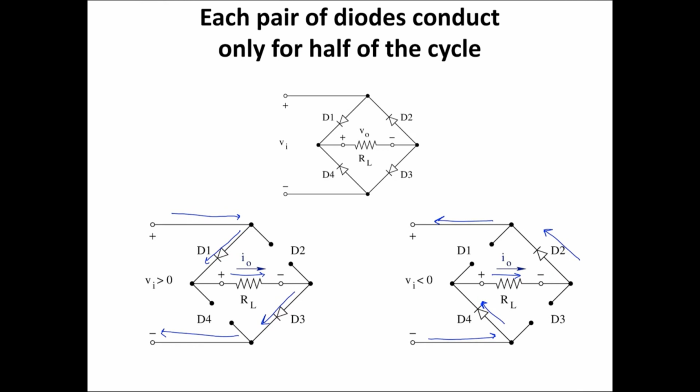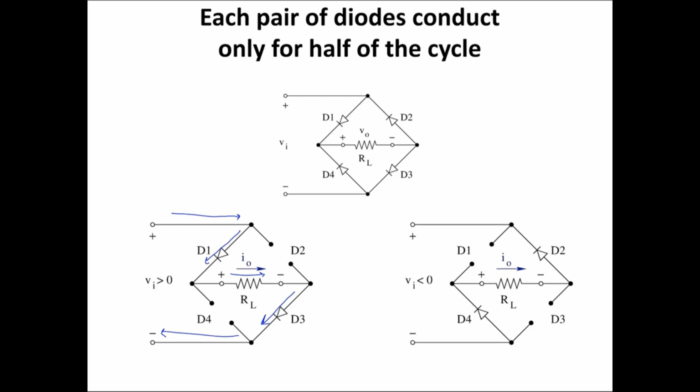And when Vi has a negative value that is less than negative 2 times VD0, because I need VD0 volts to turn on D4 and another VD0 for turning on D2, so when Vi is more negative than negative 2 times VD0, then D2 and D4 are going to turn on, and for any Vi less than that value, the rest of the voltage is going to drop across RL, and VL is going to be a positive value.